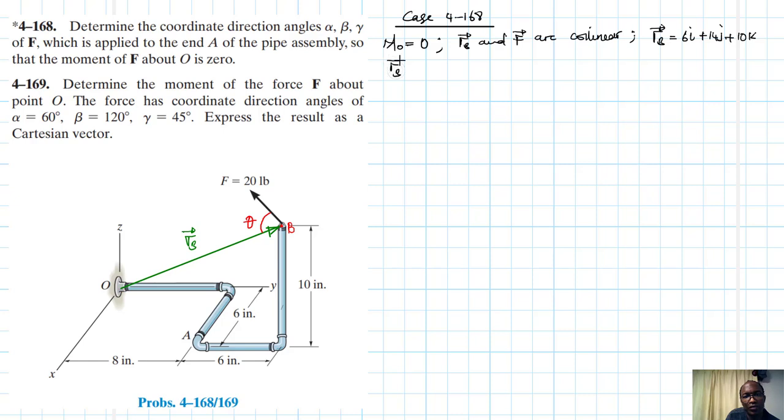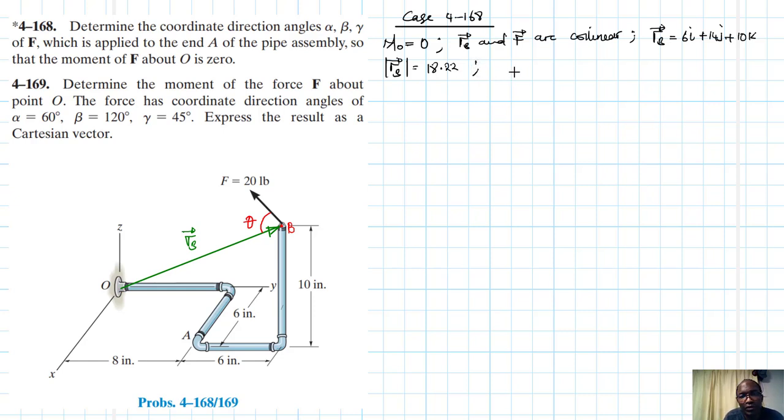And the magnitude of that is just going to be equal to the square root of 6 squared plus 14 squared plus 10 squared, which is 18.22.